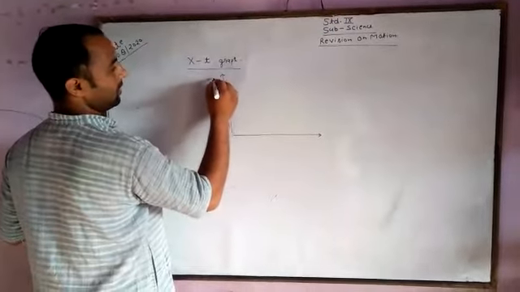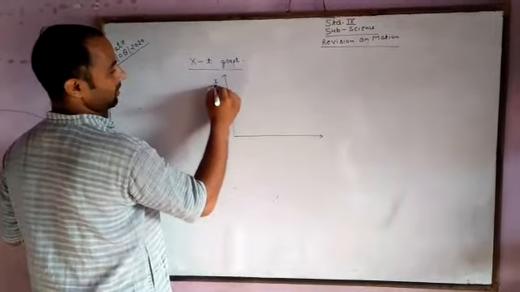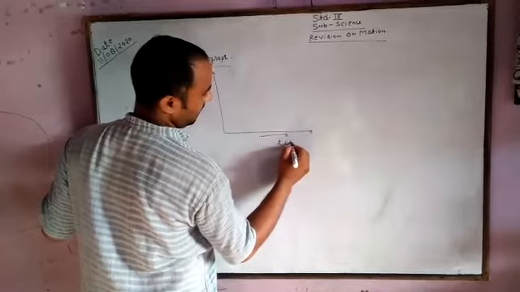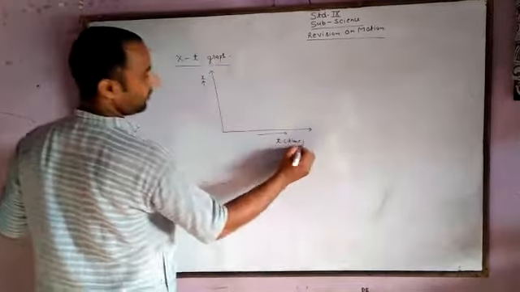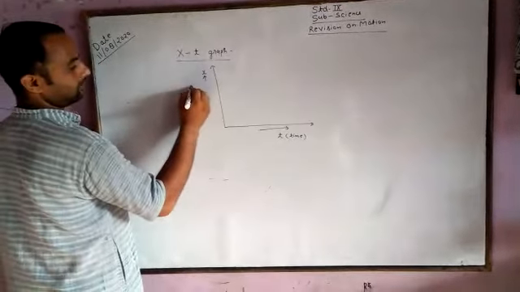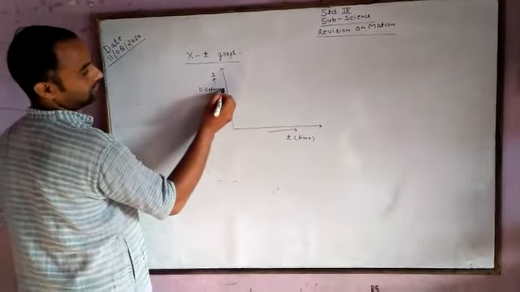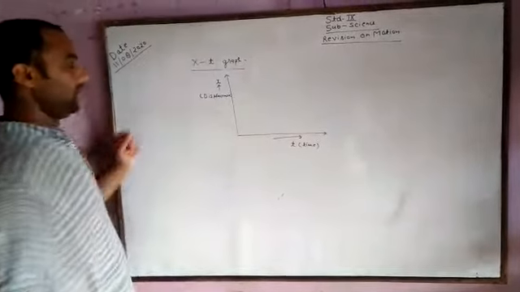This is our displacement axis, the x-axis, and this is our time axis. x is displacement and t is time.